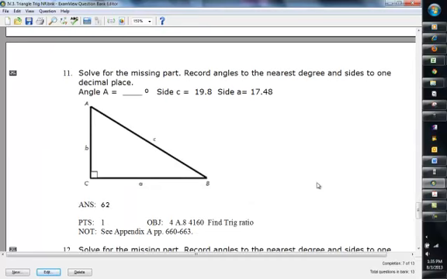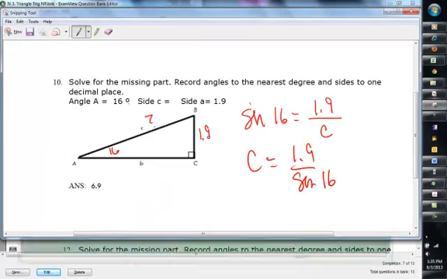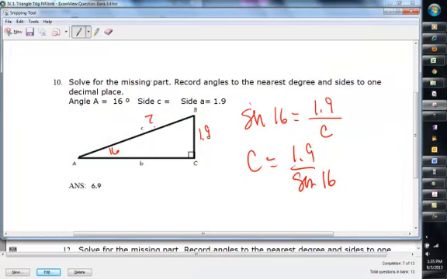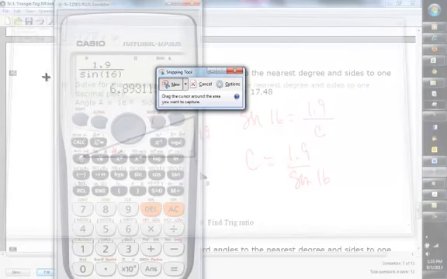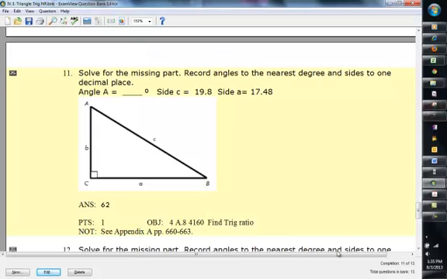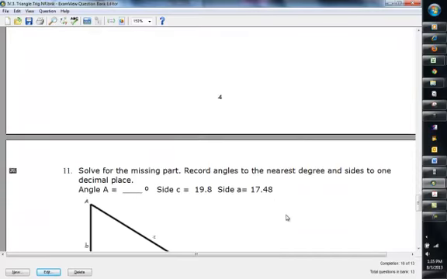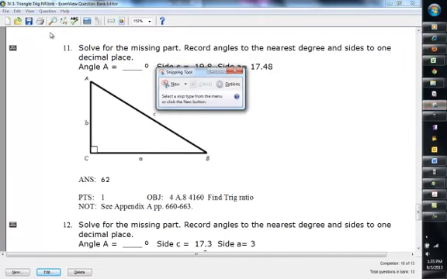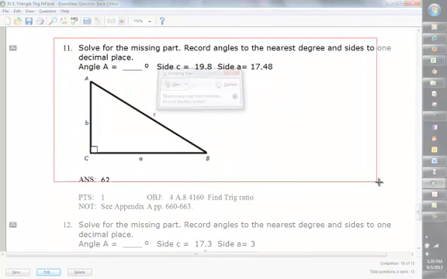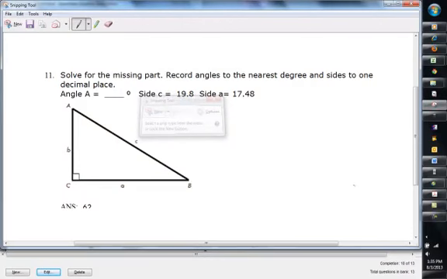Number 11. Sorry about that. Try it again. Number 11. Okay, so I'm going to switch colors. A is what we're looking for. C is 19.8. The opposite side is 17.48.